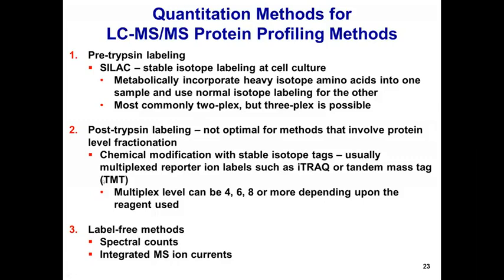These tags are isobaric in the MS spectra and can be multiplexed at various levels depending upon the specific reagent set that's used. The third and simplest method is label-free analysis. The simplest of these is to use spectral counts, which is simply how many spectra match a given protein, and the other is integrating MS ion currents.